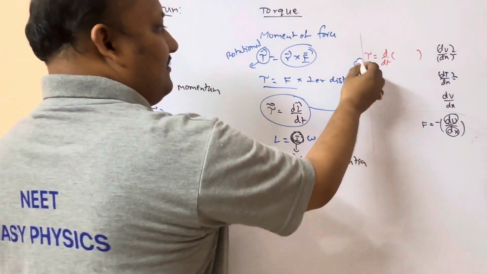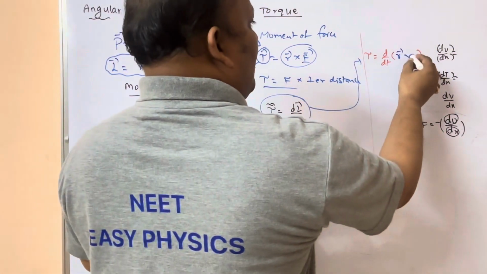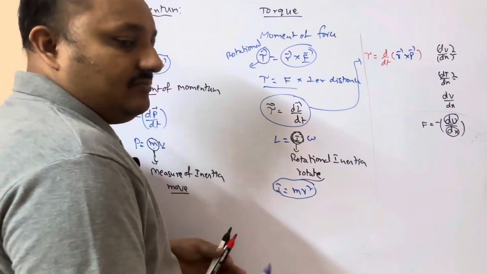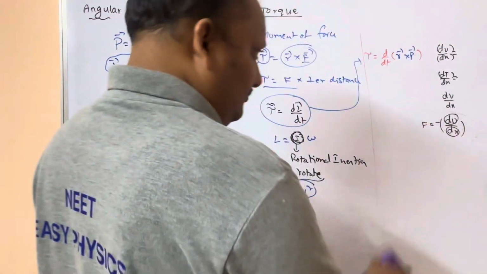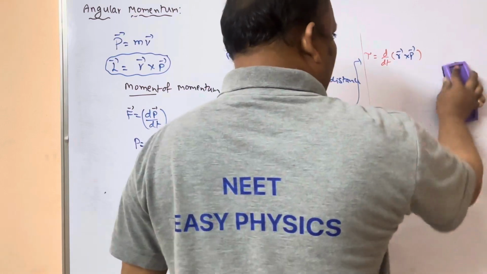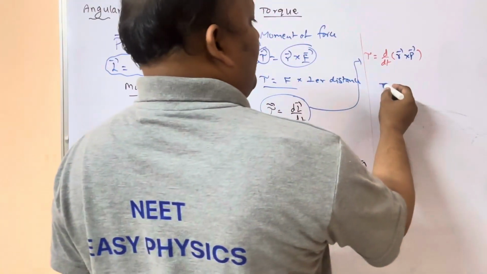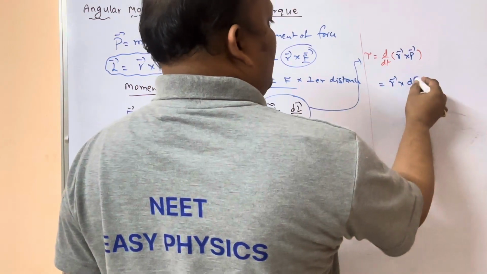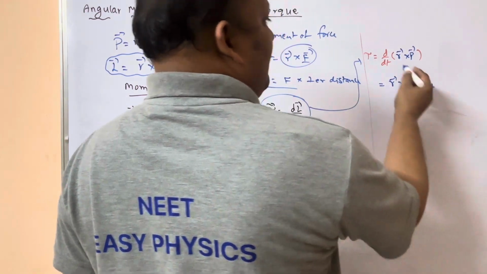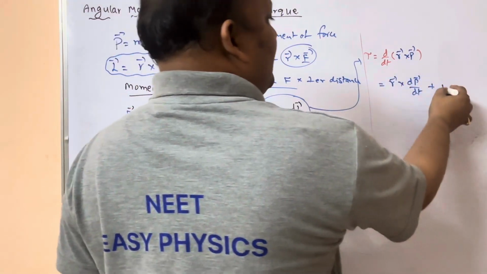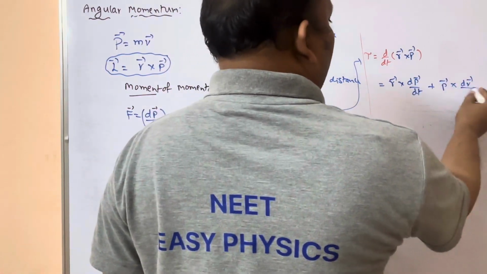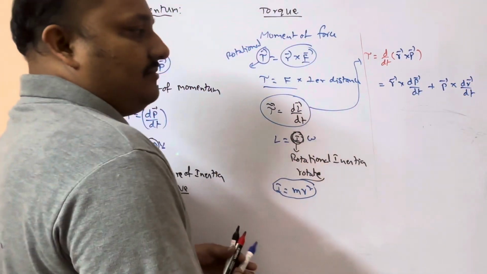So if you want the derivation for this, tau is equal to d by dt of L bar. What is L bar here? L bar is nothing but r bar cross p bar. So whenever you differentiate this, first we keep r bar constant: r bar cross dp bar by dt. Next, p bar constant: p bar cross dr bar by dt. Correct?